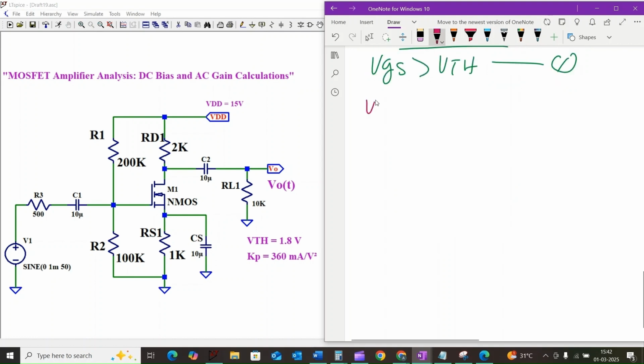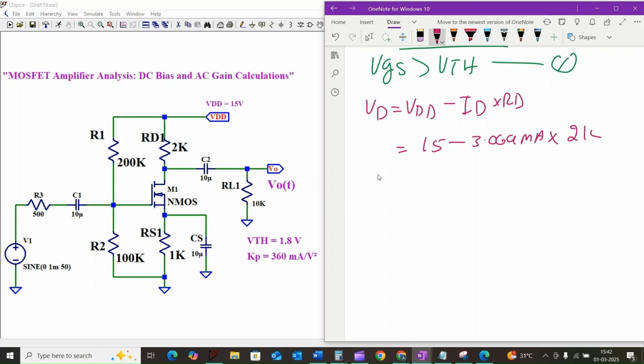Similarly, the value of VD is equal to VDD minus ID into RD, which is equal to 15 volt minus the ID, 3.069 milliamps, into 2 kilo ohm, which is equal to 15 minus 6.138 volt.